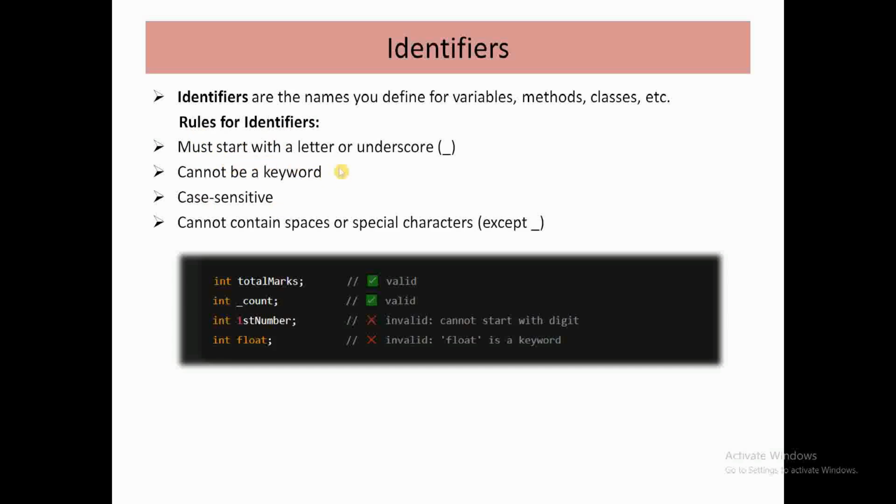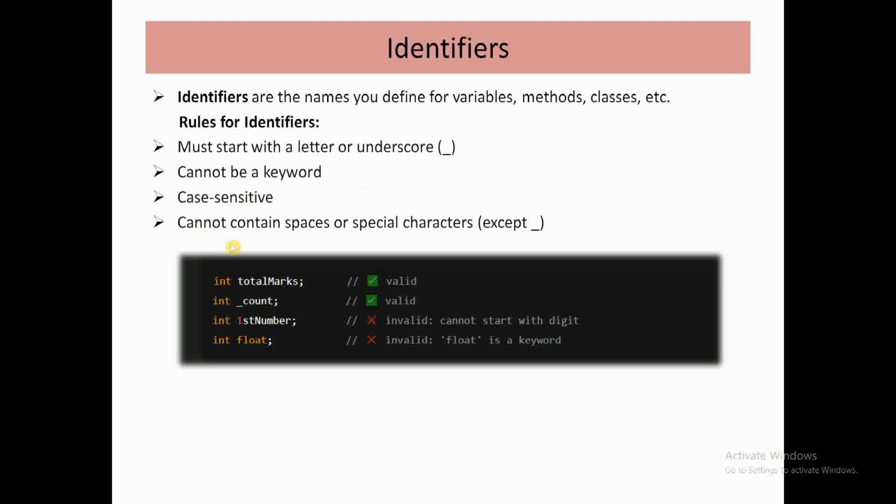It must start with a letter or underscore. If we want to declare any identifier, it must start with a letter or underscore. This is a must. It cannot be a keyword, as I already said that we cannot use reserved keywords as identifiers. It is case sensitive.